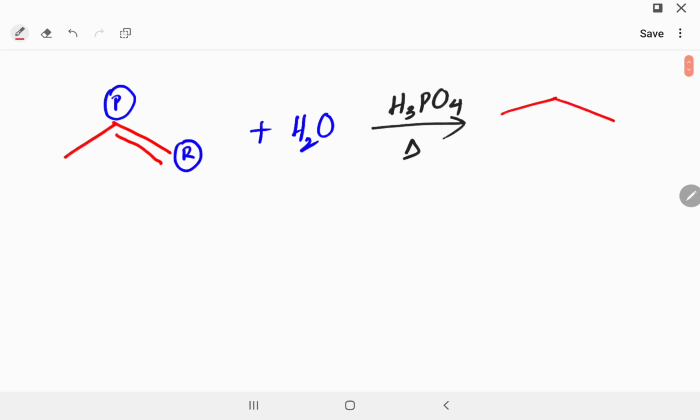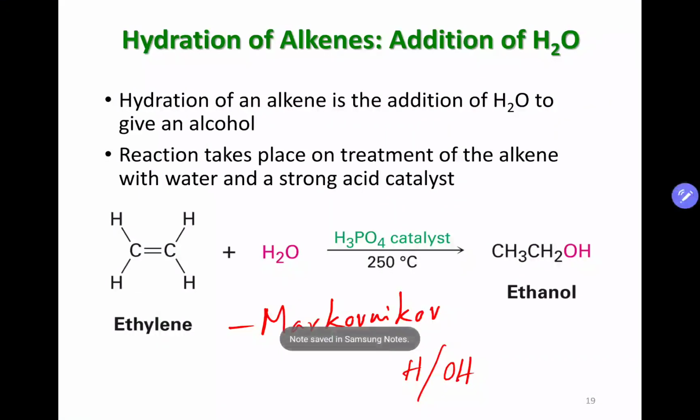So let me erase the double bond right here. And then the poor carbon gets the OH, the rich carbon gets the hydrogen. Okay, so that is how it happens, and this is according to Markovnikov's rule. Rich gets richer, so therefore the carbon with more hydrogens gets one more hydrogen. Okay, all right, so we already discussed Markovnikov's rule before.